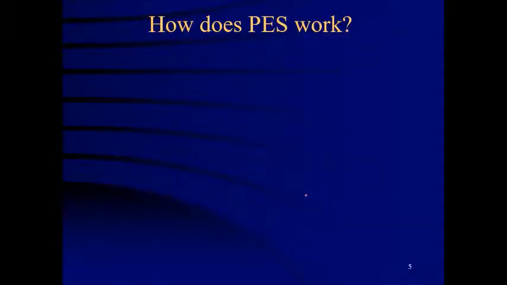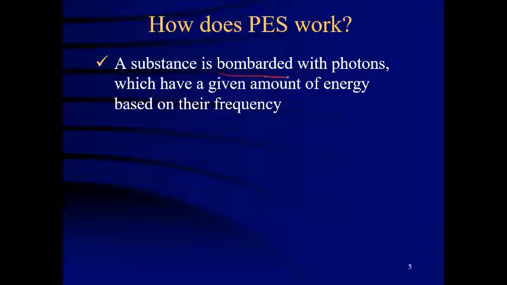How does it work? The substance is bombarded with photons. Like I said, UV, it could be regular light depending upon how high energy those electrons are. They showed you some of the other sources. There was X-ray, I think, on there. So any photon from the electromagnetic spectrum that has high enough energy to emit electrons can be used.